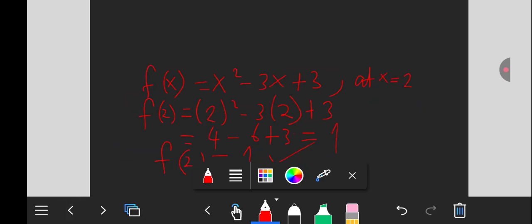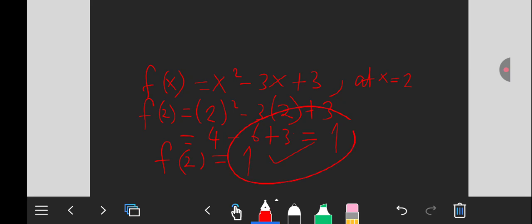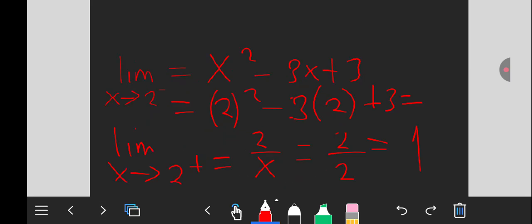Must give us the same value as that one, which is a 1. So it's 2 squared, that is a 4, 4 plus 3, that is a 7, 7 minus 6, that is a 1, so it should give us a 1 there. Now let's determine the overall or the neutral limit.